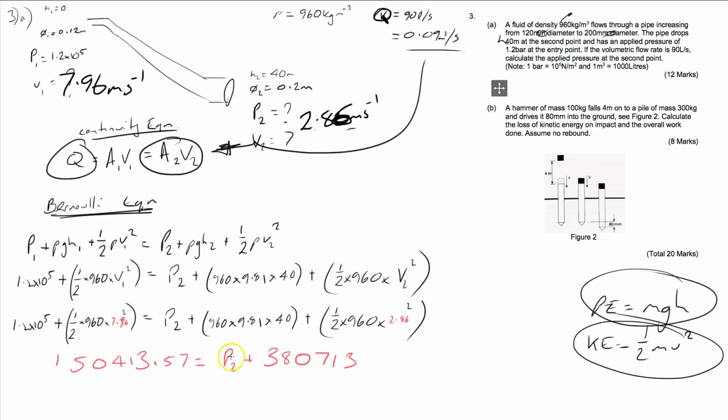So I'm going to get P2 on its own, I'm going to take that from both sides, and we'll end up with P2 equaling 230,299.44, which is equal to 2.303 times 10 to the 5. If you remember, times 10 to the 5 means bar, so we can say 2.3 bar is our final pressure.